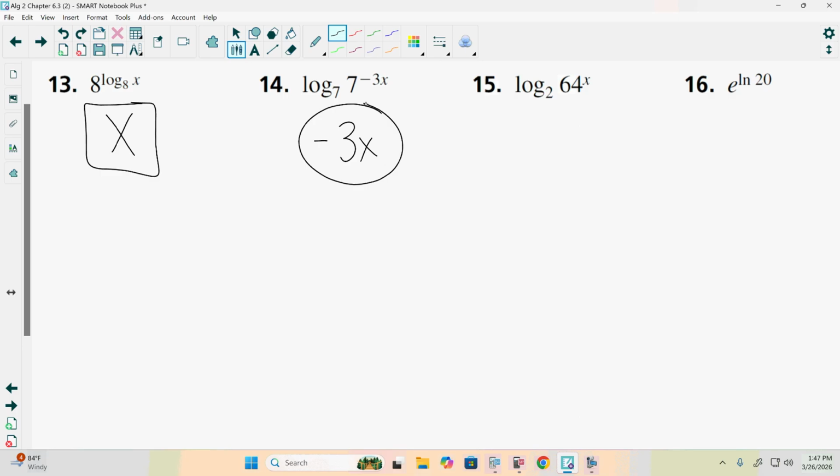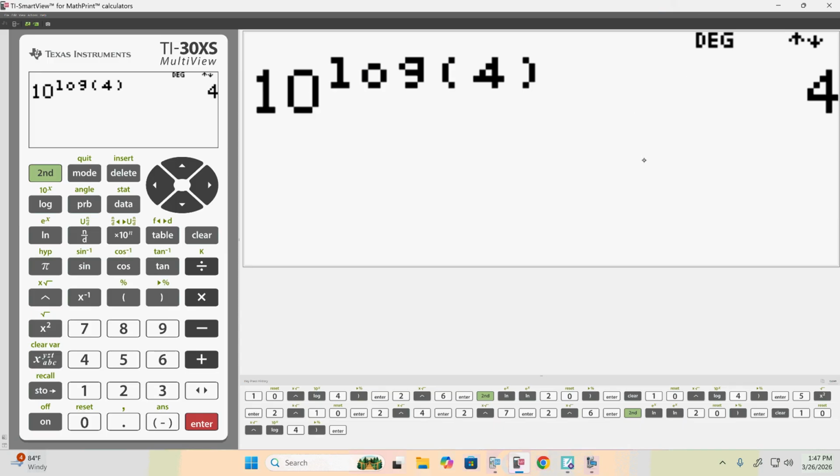Log base 2 of 64 to the x. Unfortunately, it's not x, because the base is 2, and the number inside is not 2. Because we need it as 2 to a power. Because 2 to the 6 is indeed 64.